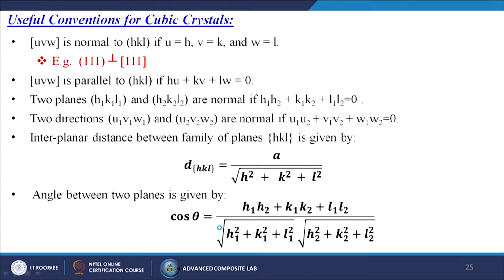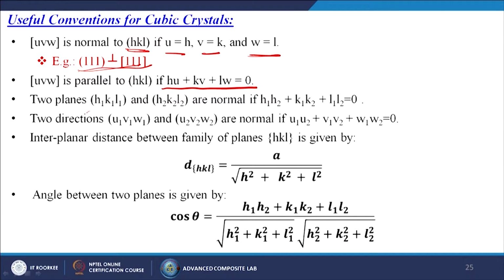Now some useful conventions for cubic crystals. UVW within the third bracket is normal to HKL if U is equal to H, V is equal to K and W is equal to L. Example: 1 1 1 is perpendicular to 1 1 1. UVW is parallel to HKL if HU plus KV plus LW is equal to 0.